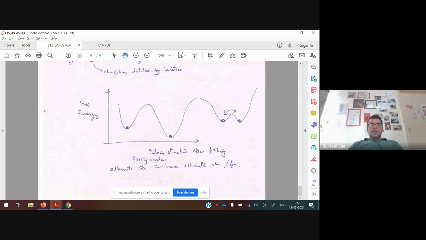So if you are a protein molecule stuck in one configuration, it's going to be pretty unlikely for you to switch into the other configuration. As a result, you're stuck in the configuration in which you folded.